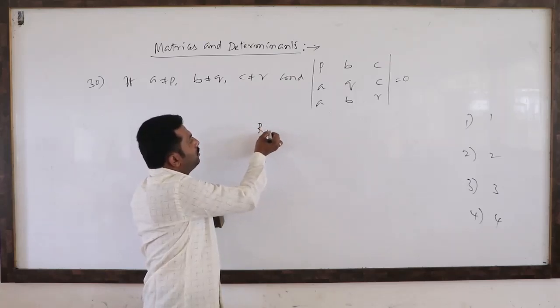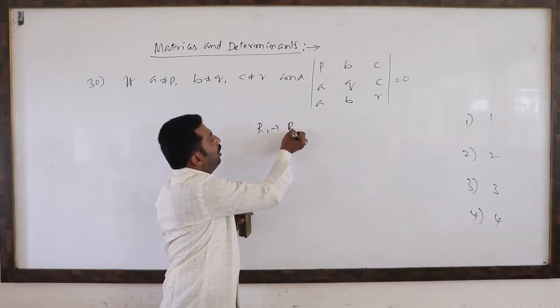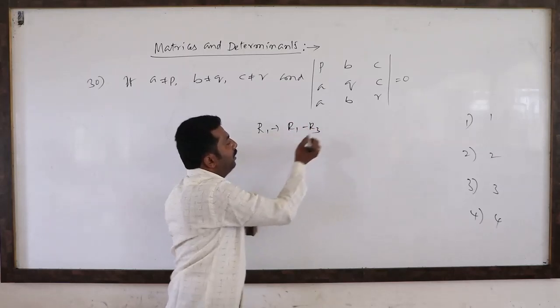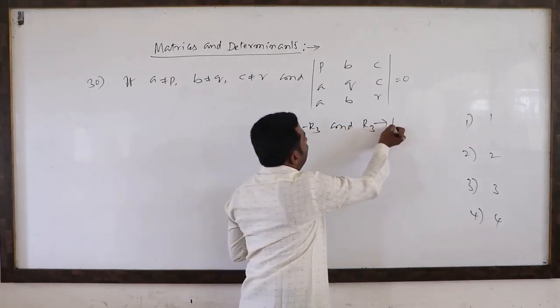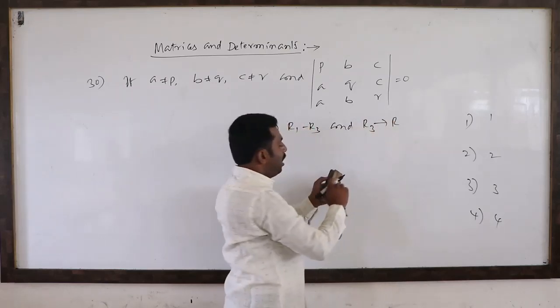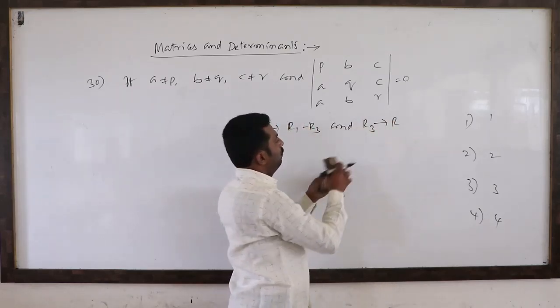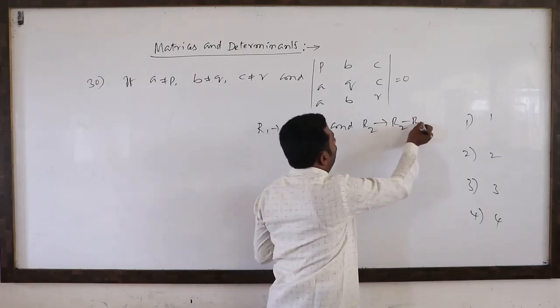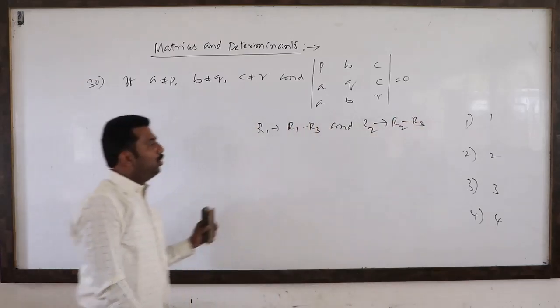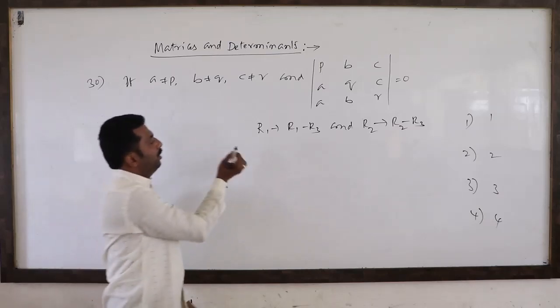So R1 changes to R1 minus R3 and R2 changes to R2 minus R3. So two operations at a time I will apply.